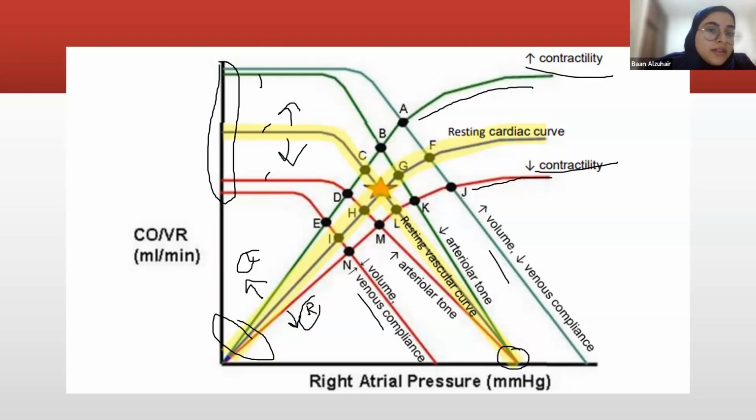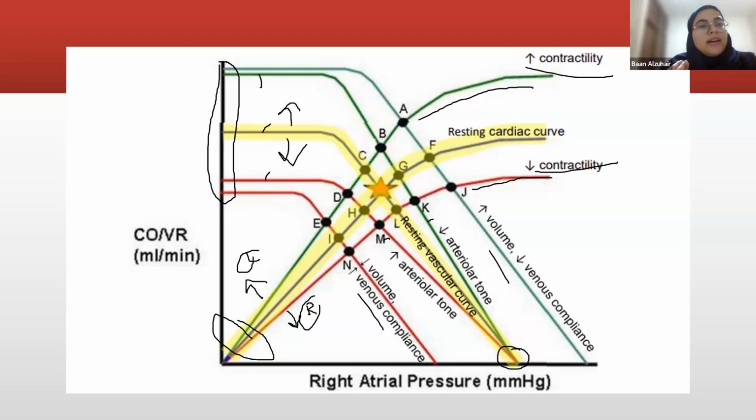A decrease in arteriolar tone will lead to this green line. An increase in arteriolar tone would lead to this red line. This red line is below the normal line, meaning a decrease in venous return and cardiac output.